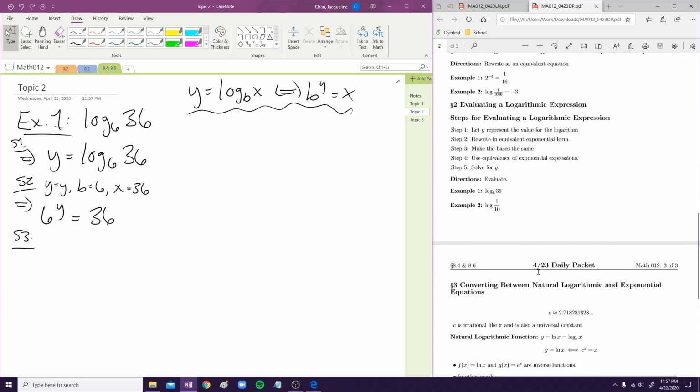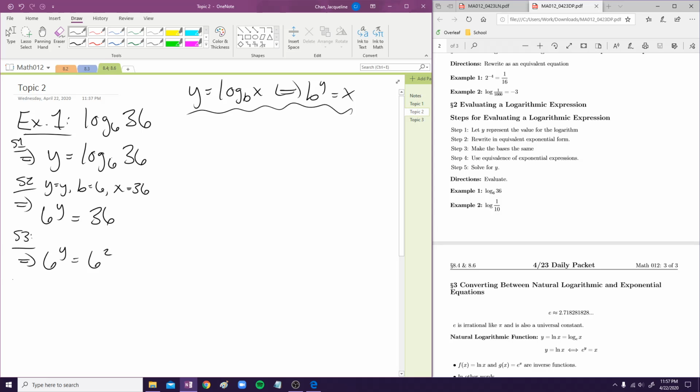So that is step 3. We want to make the bases the same. What do we know about 36? 36 is the same as 6 squared. Sometimes we will have to change the base over here as well, but right now we don't have to. Lucky for us, 36 is 6 squared.